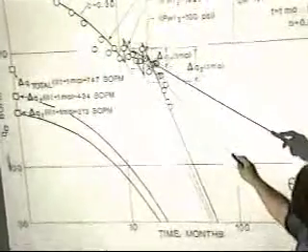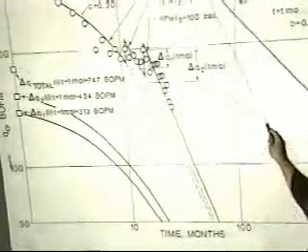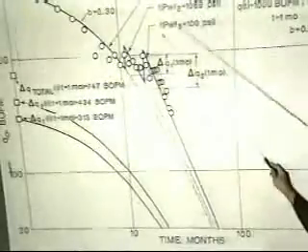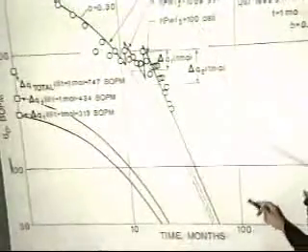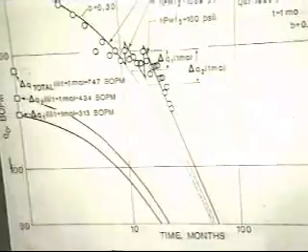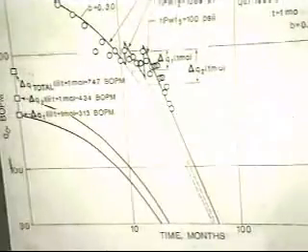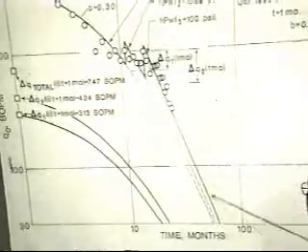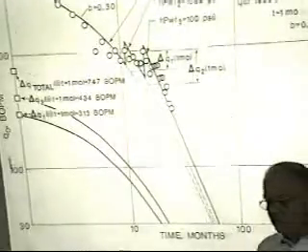That's what it would have continued to do if we hadn't changed it. This is the effect of the change in flowing pressure from 1,400 pounds to about 1,000 pounds, and then this was the effect when you put the well on pump to try and determine how much ultimate reserve we were going to get from the well. That's the effect of putting it on pump in the extrapolation.